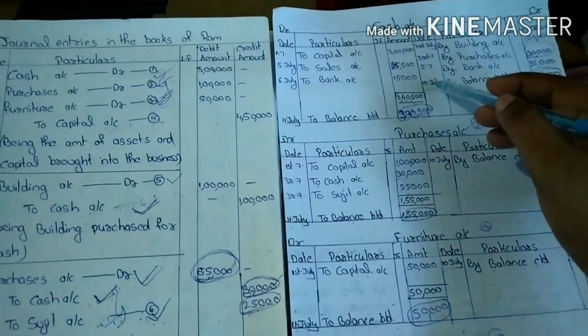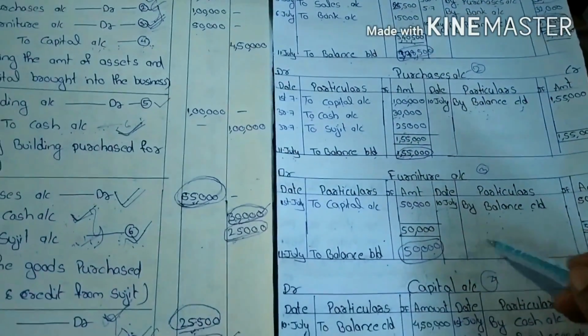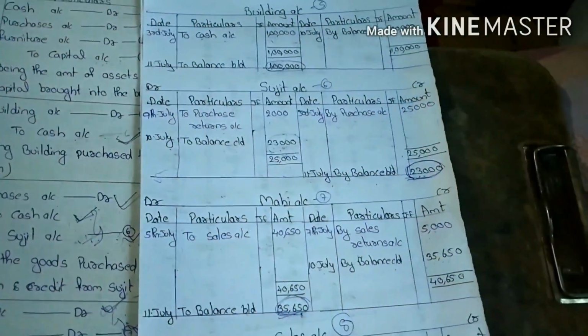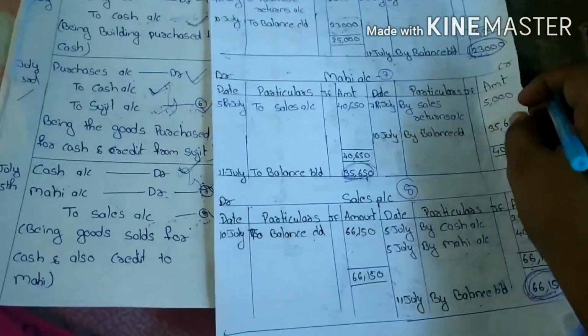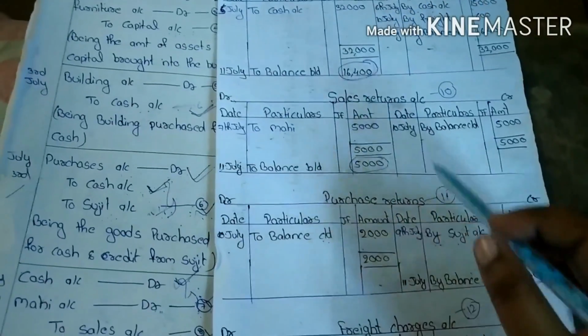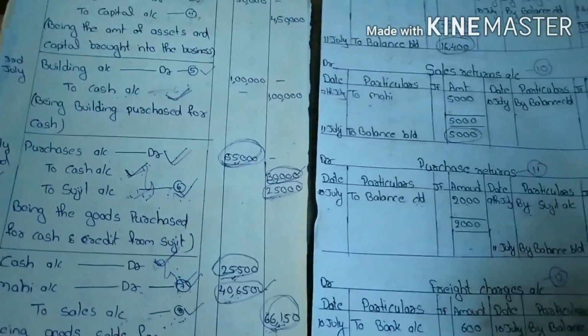So these are the 12 accounts. First one cash account, second purchase account, third furniture, fourth capital account, fifth billings account, sixth Sujit account, seventh Mahi account, eighth sales account, ninth bank account, 10th sales returns account, 11th purchase returns account, and 12th freight charges account.